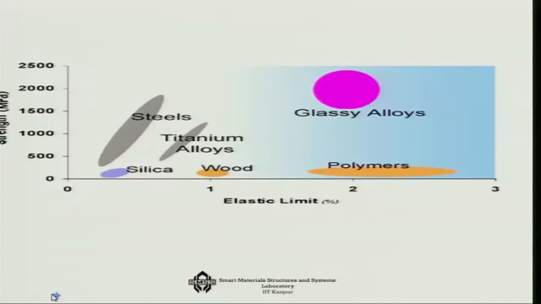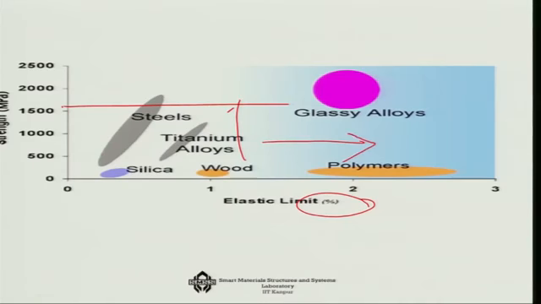So, in this last picture, if you look at it, in terms of strength, if you can make the glassy alloys, you are going much higher than steel. That is where the advantage of the glassy alloys is. And if you look at the percentage strain also, you can go much higher than steel, aluminum, etc., something you can compare only with polymers.